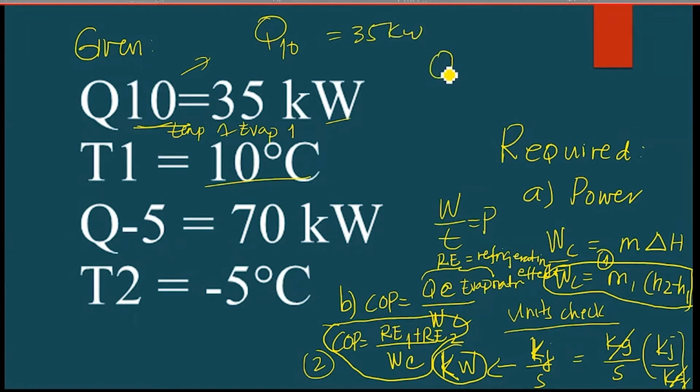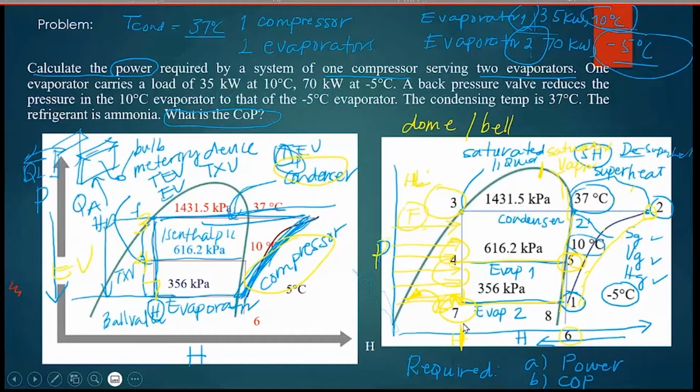Now there is another Q, the heat to be absorbed at the evaporator at a temperature of -5. That's why Q-5. And the heat load at that evaporator is 70 kilowatts. What is the operating temperature at that evaporator? -5. Why is it lower? Because, as you can see in the diagram, it is below evaporator 1, which is at 10.